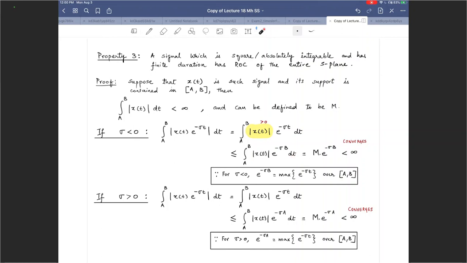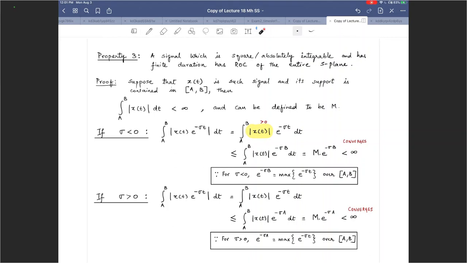So this is true because for sigma less than 0, e to the minus sigma times b is the maximum of e to the minus sigma t over the interval a to b. So if we define that finite value as m, then this would be m times e to the minus sigma b. Of course, that is less than infinity, so it will converge.